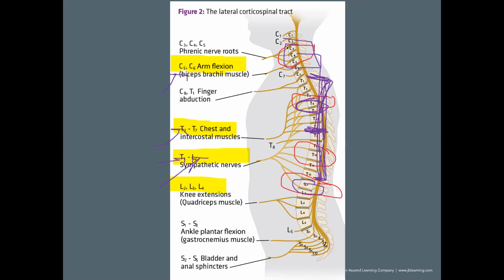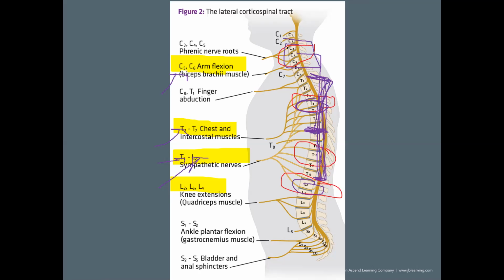The sympathetic nervous system nerves exit the spinal cord between T1 and L2. Because of this, some spinal cord damage between T1 and L2 can cause damage to the sympathetic nerves.